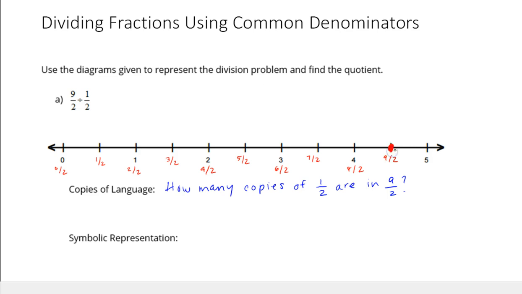Plot that point. So when we use the number line, we're thinking of the length of this segment from 0 to 9/2 is 9/2. And we want to see how many 1/2 are in it. So let's count the number of 1/2. If we go from 0 to 1/2, that's 1 1/2.